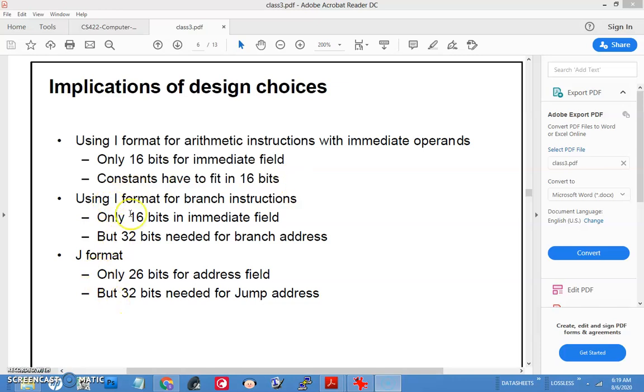We need 32 bits for the branch address, but we are converting the 16 to 32 bits by suffering all the pain, because we cannot have another instruction format which accommodates 32 bits. J format has only 26 bits, but we need 32 bits. We know that we need a 32-bit address, but we are forced to live with 16 or 26 bits because of these design choices.